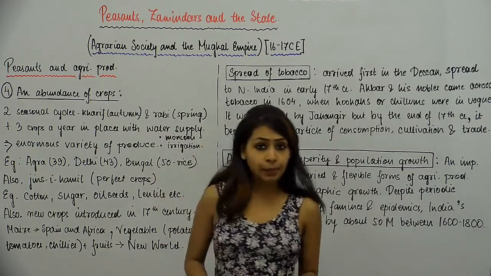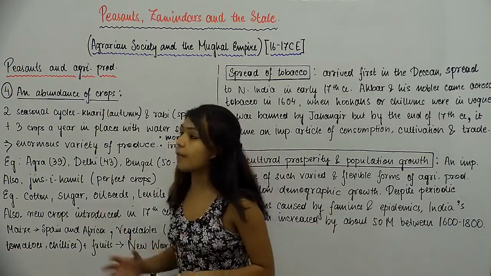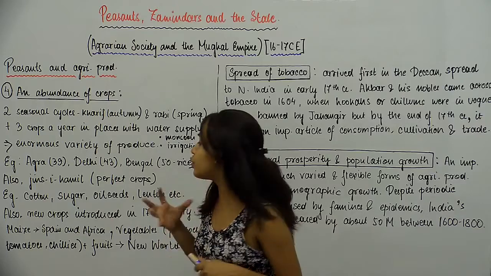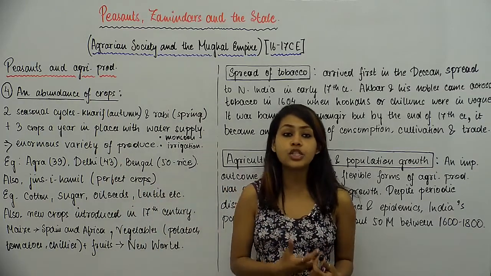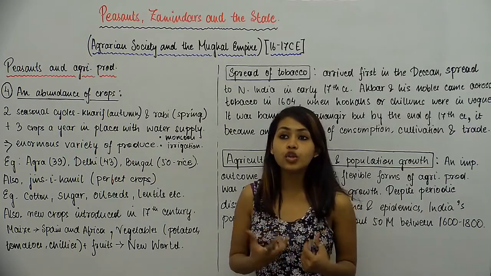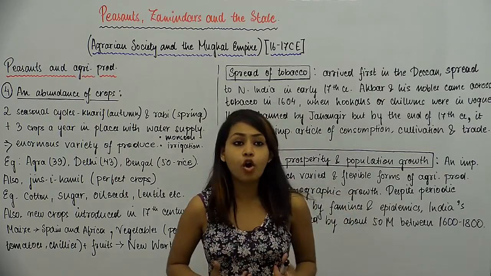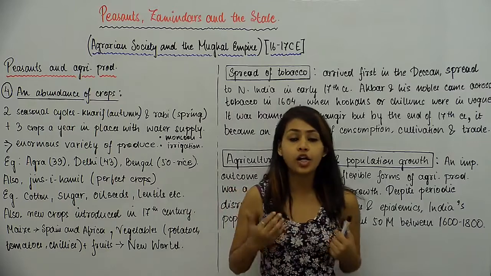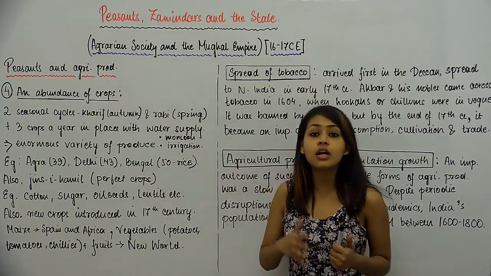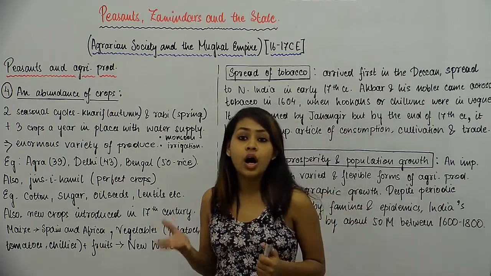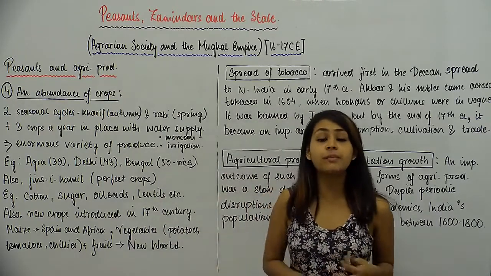For example, if we talk about a few examples of a few areas: Agra is important because it used to be the capital of the Mughal Empire at one point of time. The Mughal emperors had shifted the capital from Delhi to Agra, but then we shifted back again to Delhi.